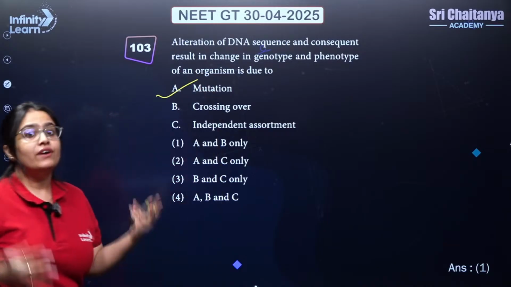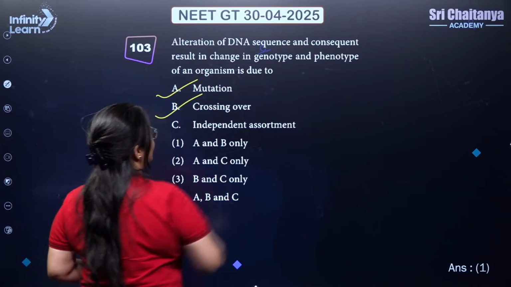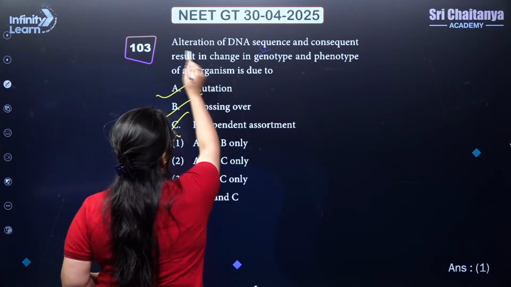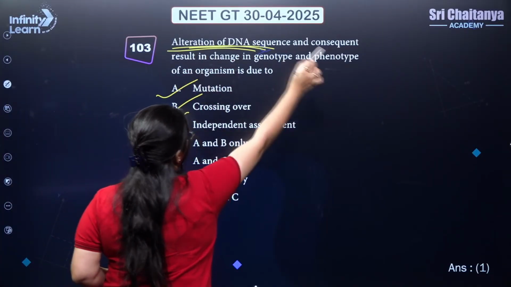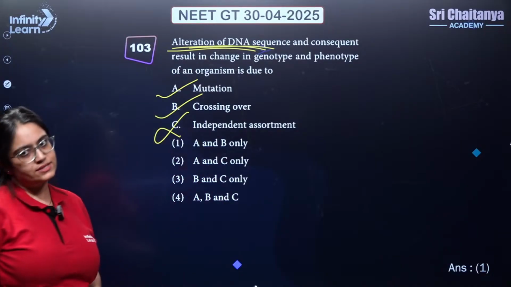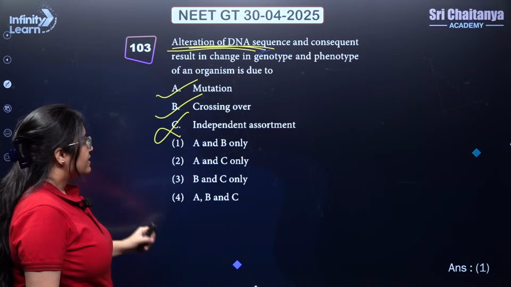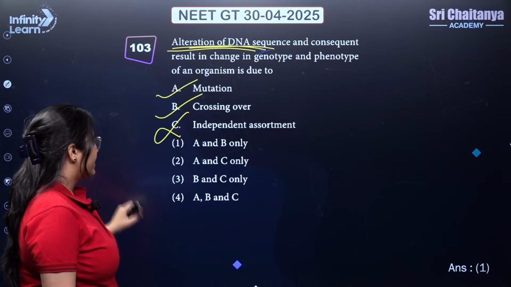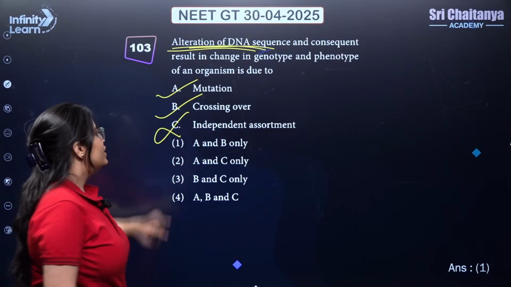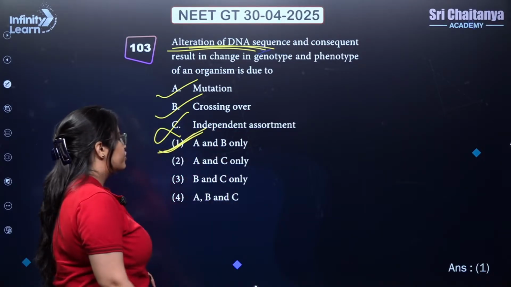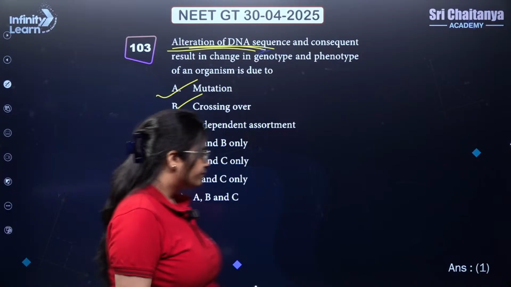Crossing over, yes, crossing over is also capable. But independent assortment, no. Because the question is about change or alteration of DNA sequence. So the term is very important. So A is correct, B is correct, but C is not correct. So answer is A and B only. So your correct answer is 1. Out of the 4 options, answer is 1.